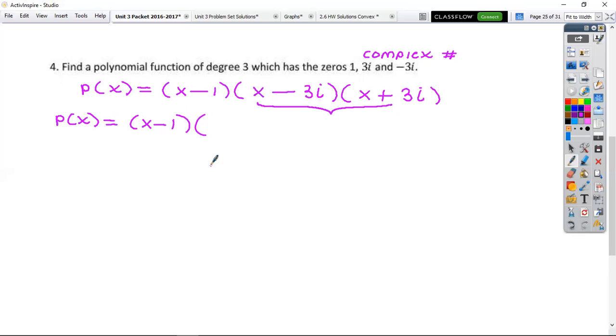So I need to do here x times x, which is x squared. I'm going to do x times 3i, which is 3xi. And then I'm going to do negative 3i times x, which is going to give me negative 3xi.